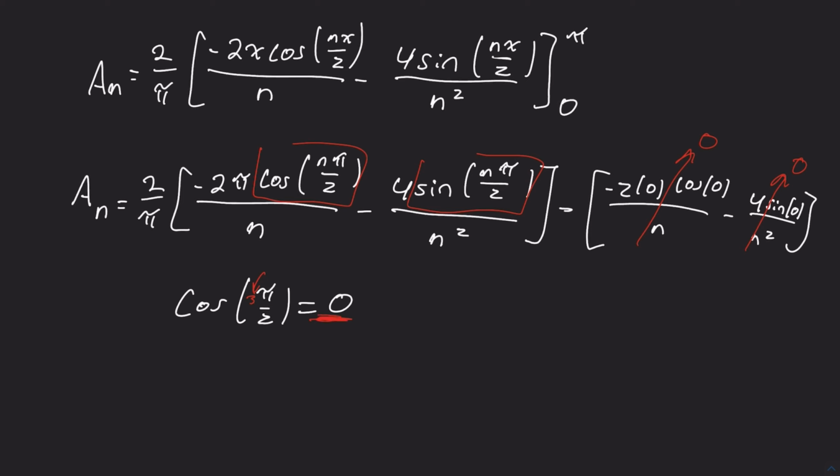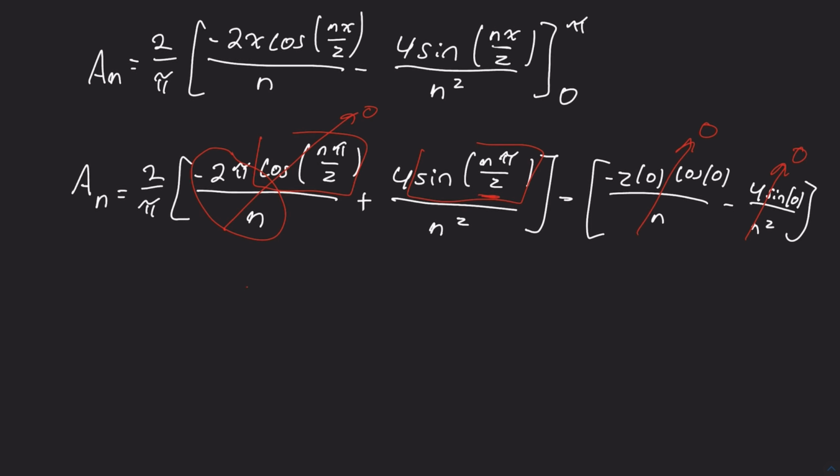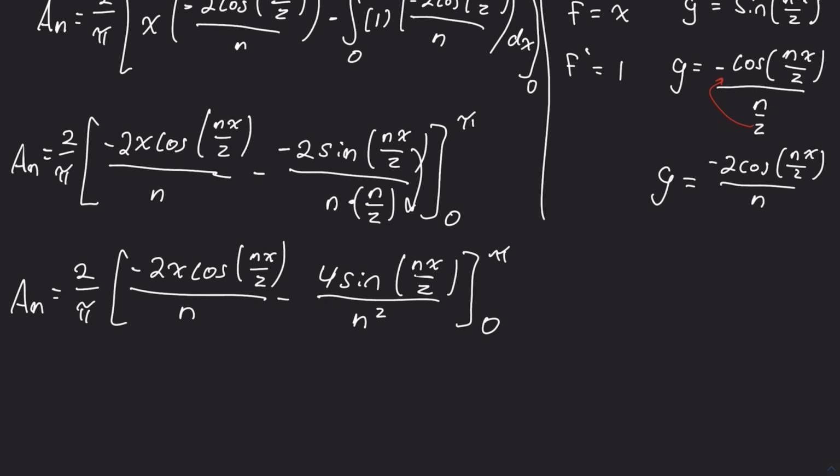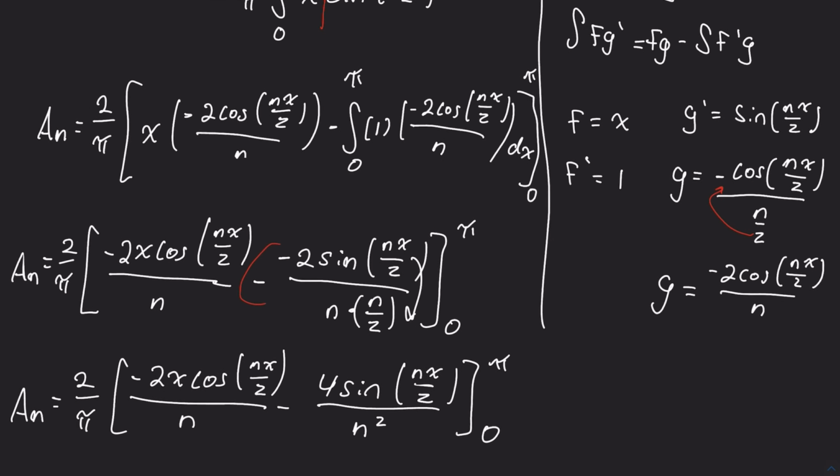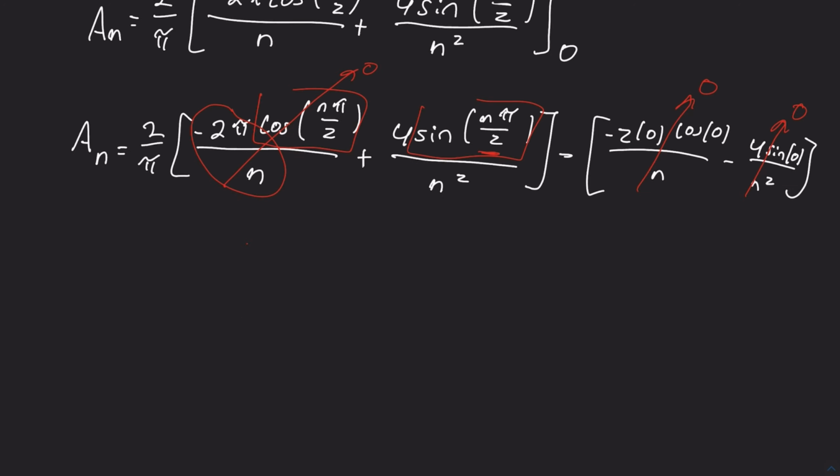So this allows us to cross out this entire first term here, because cosine of pi over 2 is always going to be 0, and multiplying any of these by 0 is going to zero that out. We can't do the same with the sine term, unfortunately, because this will never equal 0 for us. Also, just a quick note, these should actually be positives. After looking back at my work, I had a double negative that I missed the plus sign on, so this should be a positive. Alright, so now we're good to go.